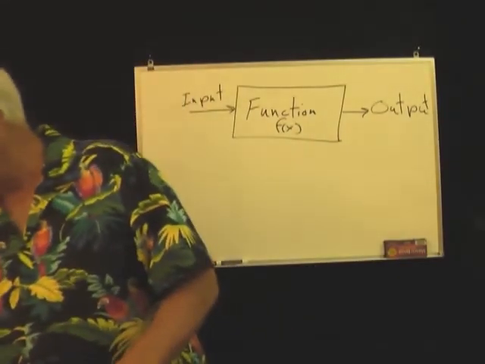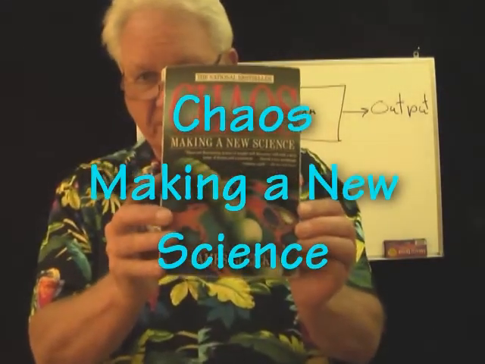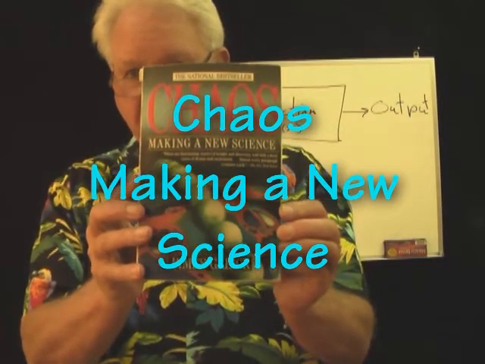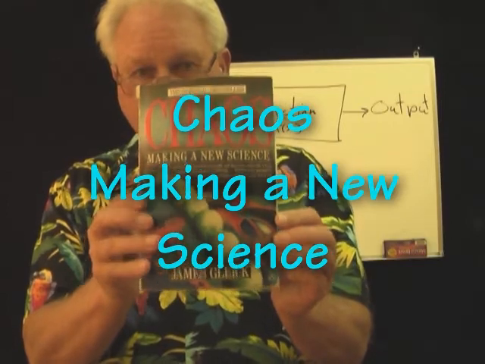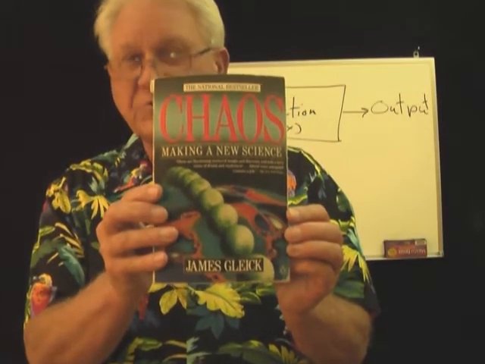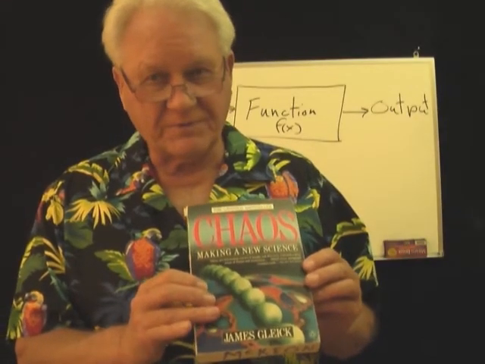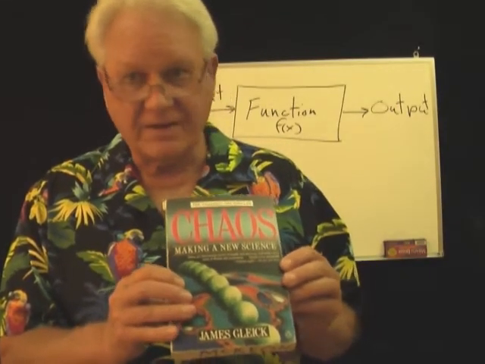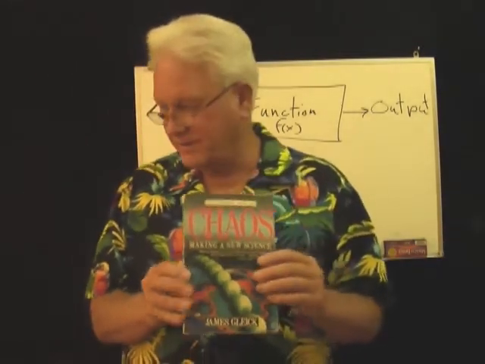Another one is a very famous book, James Gleick, Chaos: Making of a New Science. Very easy read, very interesting read, and he does a great job at explaining things. Again, you don't have to be a math major to enjoy this book.